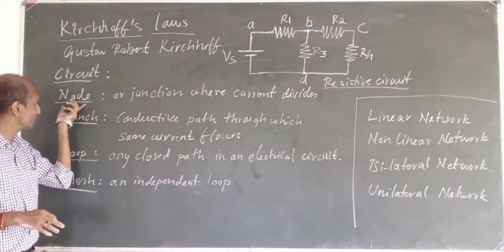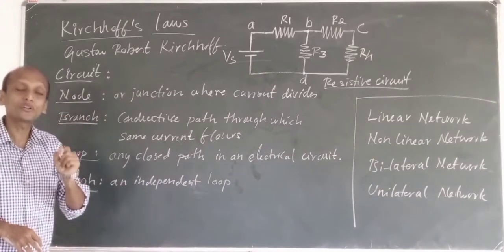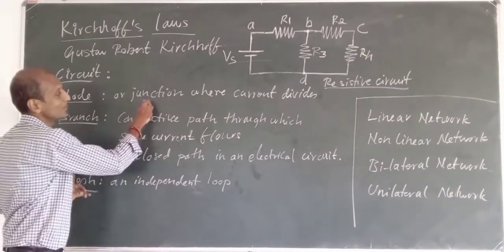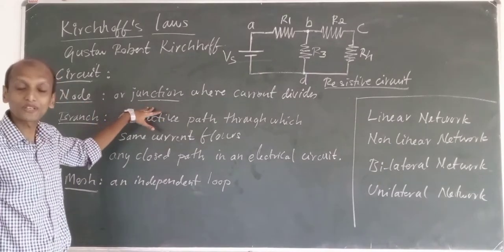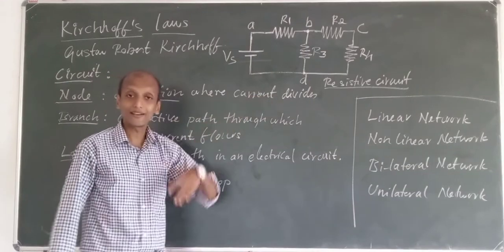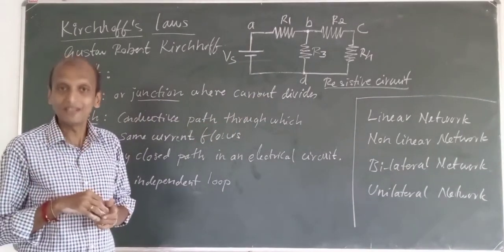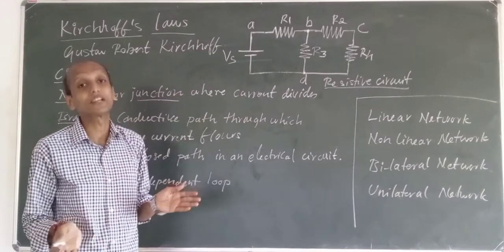Now we come to the node. The second thing is node. What is a node? A node, or we can also call it a junction, is where the current divides. Junction in the sense that it is a point where the current divides.